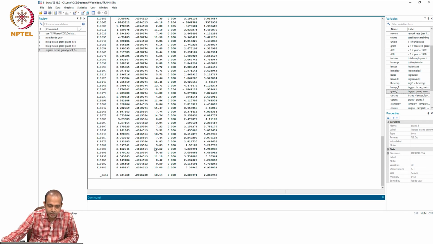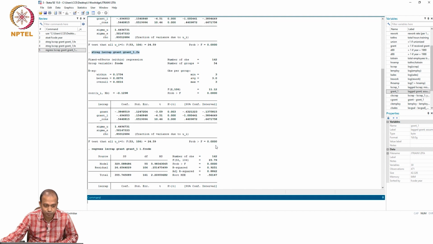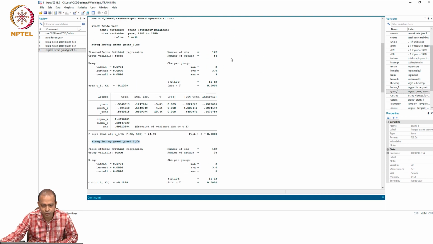So, this is the LSDV model we have estimated, and now if you look at the R square of this LSDV, the R square is 92.51%, whereas in the fixed effect model it is only 17.34%. That means LSDV gives almost 5 times higher R square than the fixed effect model.